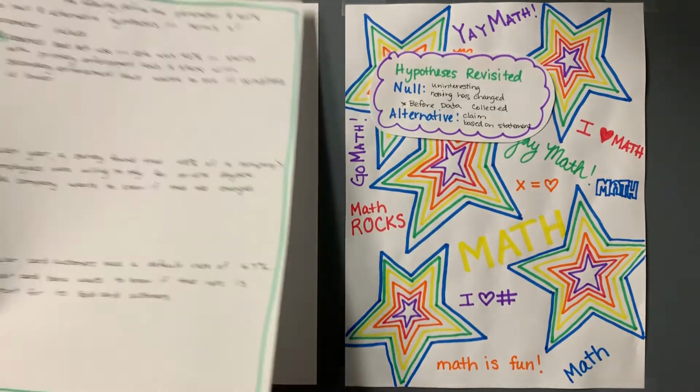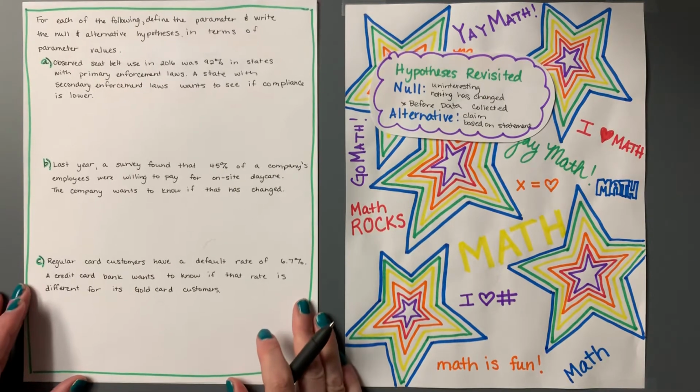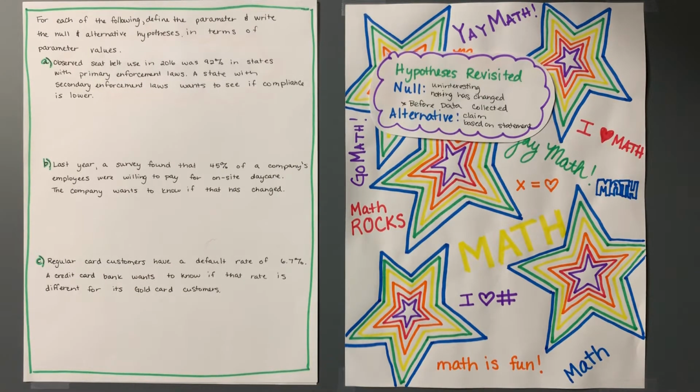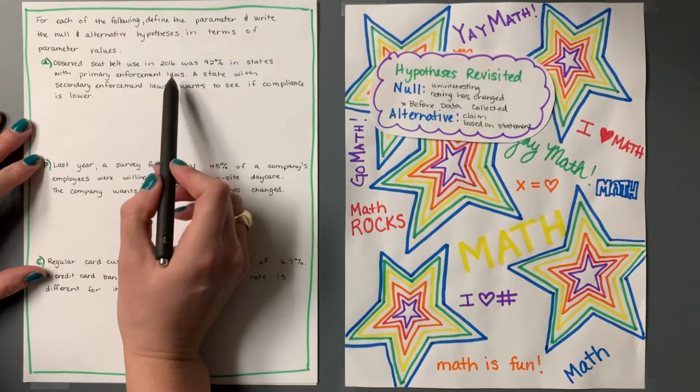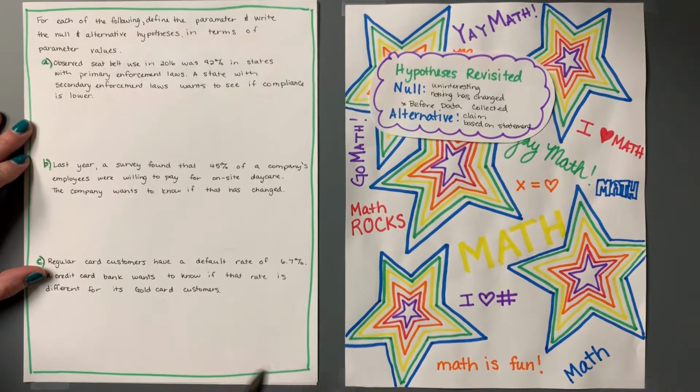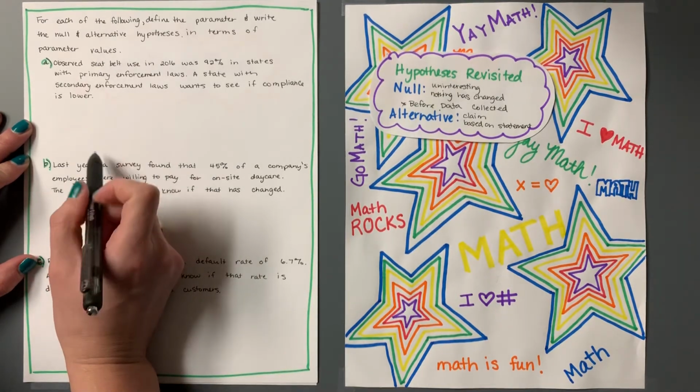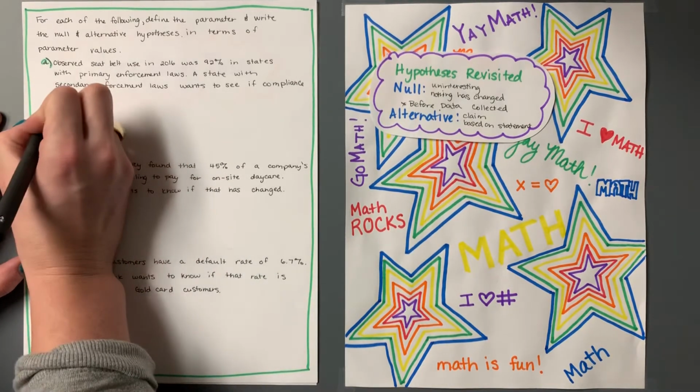So let's look at a couple examples of making hypotheses. So for each of these, we're going to define the parameter and write the null and alternative hypothesis. So for the first question here, observed seatbelt use in 2016 was 92% in states with primary enforcement laws. A state with secondary enforcement laws wants to see if compliance is lower.